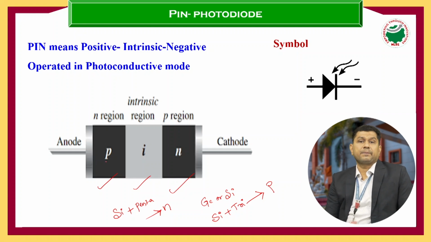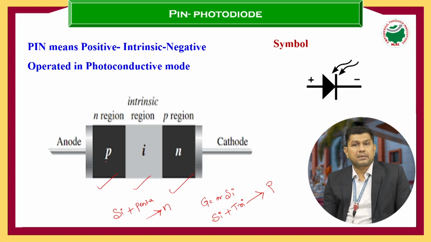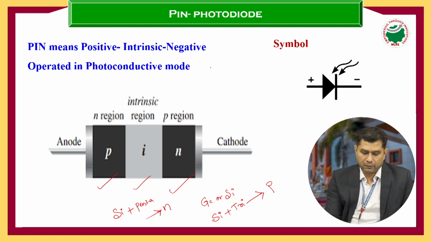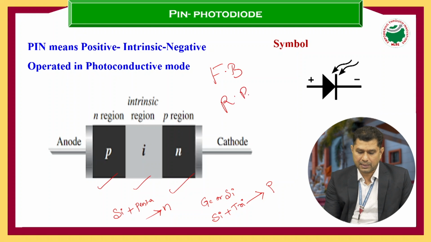Here, in between the p-type and n-type semiconductors, we are inserting an intrinsic layer. This p-n junction diode we can operate in two modes: one is forward biasing mode and another is reverse biasing mode.